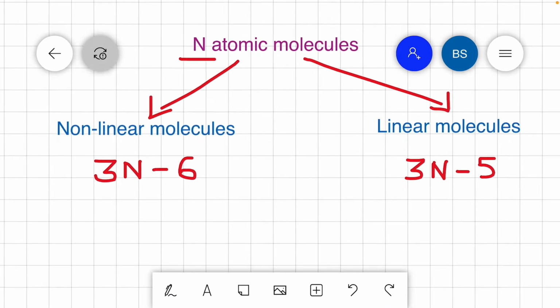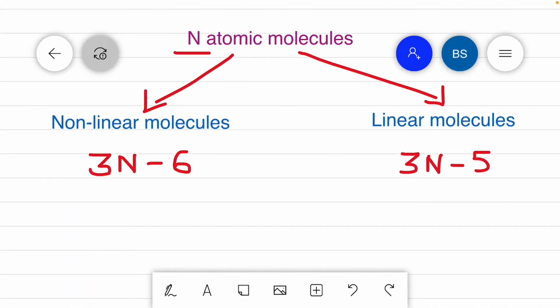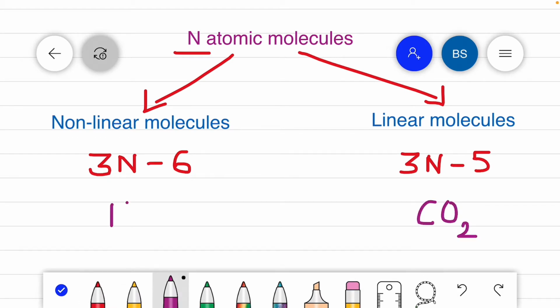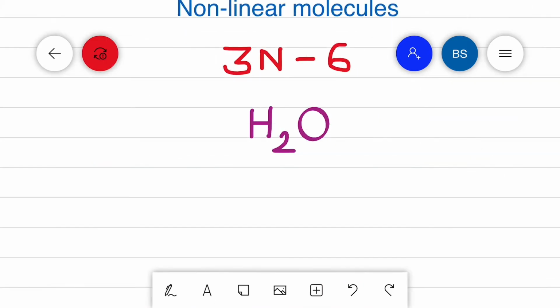The simplest of the polyatomic molecules with more than one bond is a triatomic molecule. We will discuss the nonlinear molecules with the example of H2O, and we will discuss the linear molecules with the example of carbon dioxide.